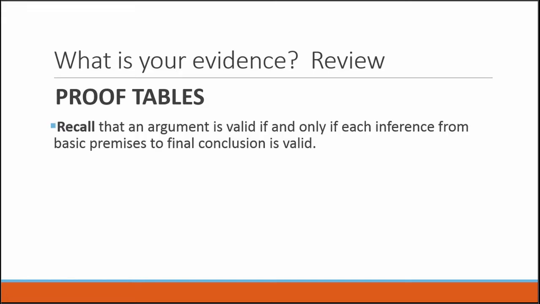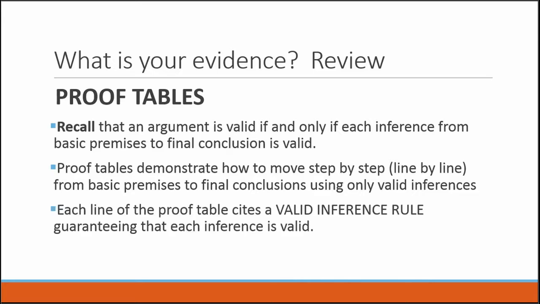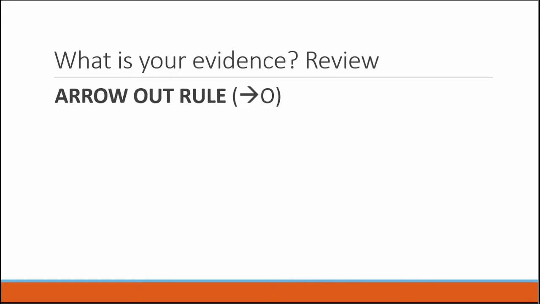Remember that an argument is valid if and only if each inference from basic premises to final conclusion is valid. Proof tables demonstrate how to move step by step from basic premises to final conclusions using only valid inferences. Each line of the proof table must cite a valid inference rule, which will guarantee that each inference is valid and that the whole argument is valid.